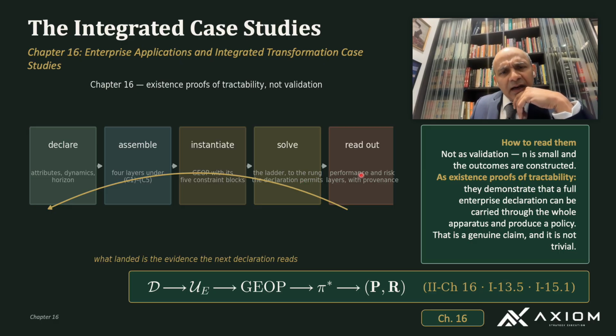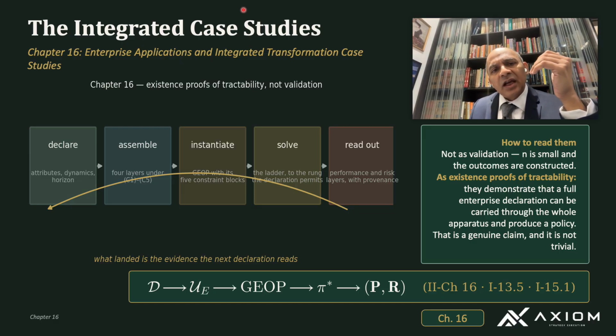And then read out performance and risk results with full provenance. The curved arrow back to the beginning emphasizes that this is an iterative modeling cycle. Results can force the analyst to revise the declaration and rebuild the model. So this chapter shows that DCT can prove a declared enterprise problem is mathematically tractable and solvable, but those existence results do not validate whether the underlying enterprise model is empirically correct.